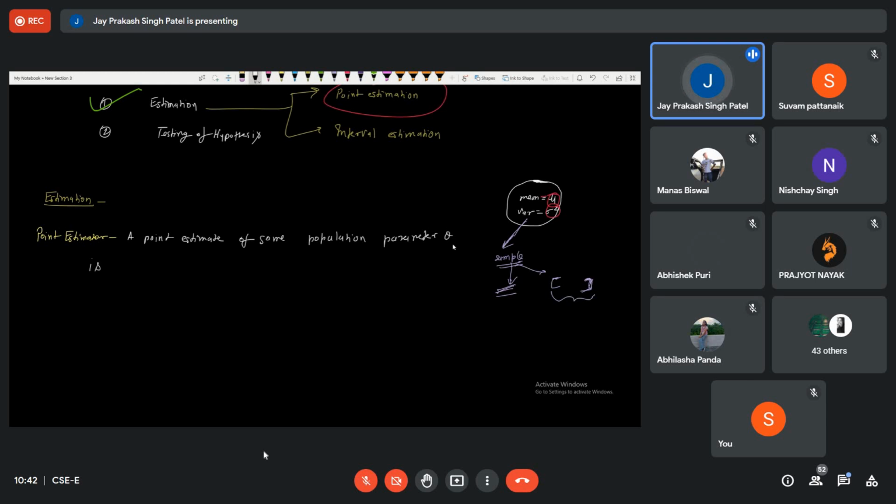So a point estimate of a population parameter theta is a single numerical value theta hat of a statistic script theta hat.